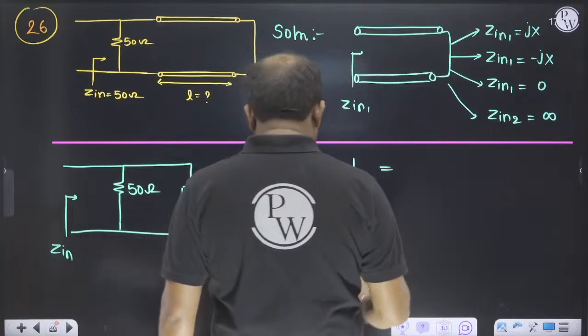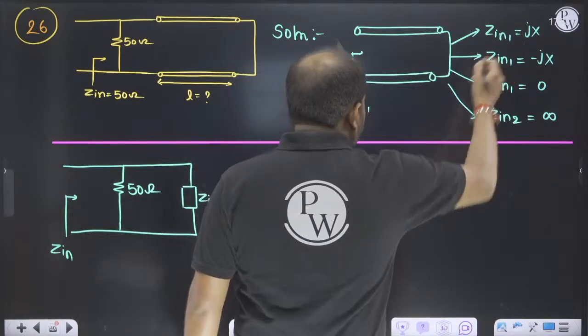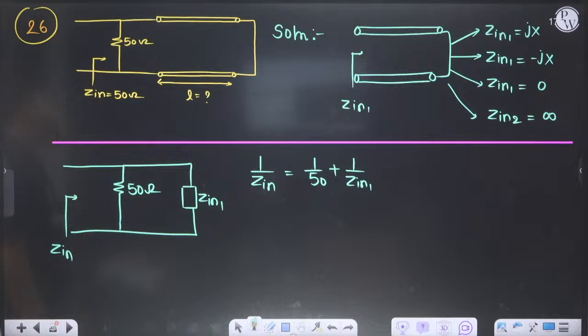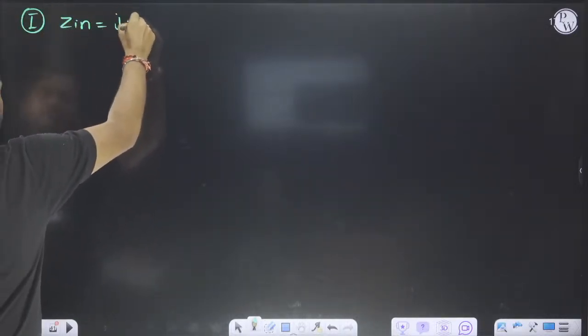So case 1, I will take case 1. There are so many cases. I will take plus jx, minus jx, and 0 and infinite. Case 1 is Zin1 is equal to plus jx.